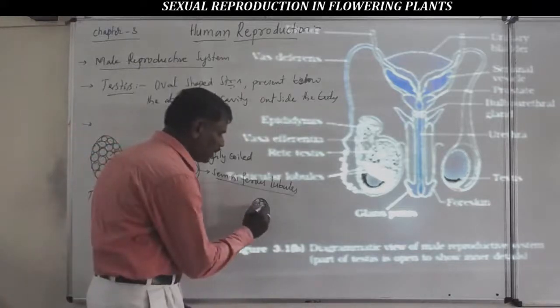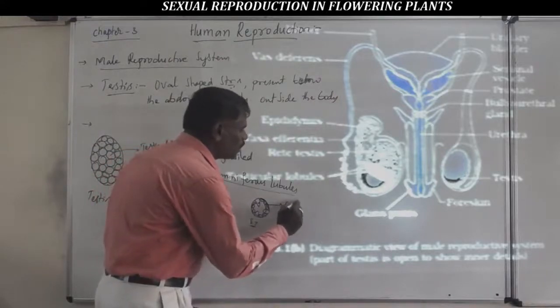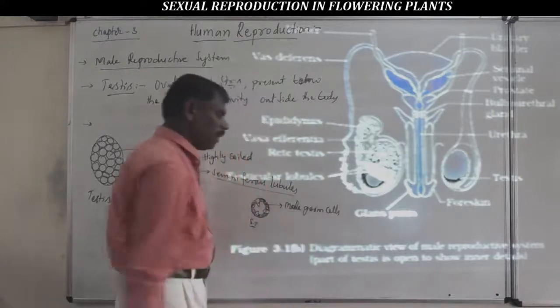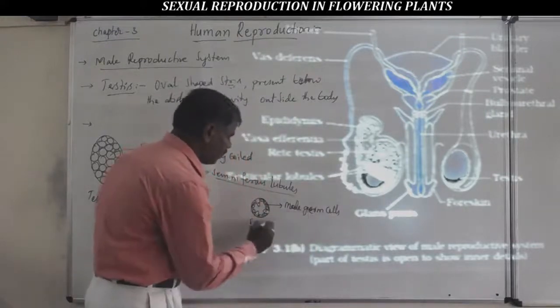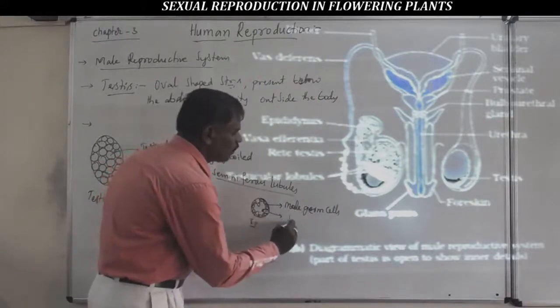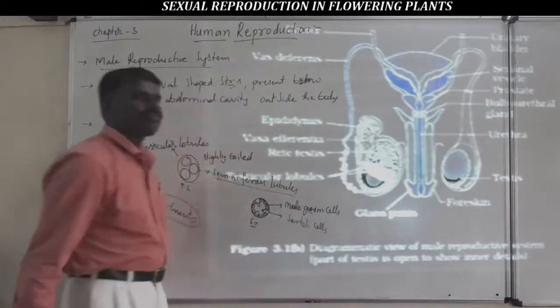Those 2 types of cells are male germ cells and Sertoli cells.